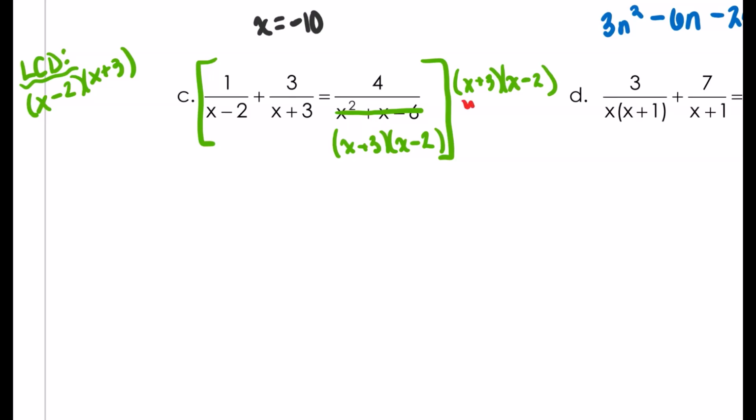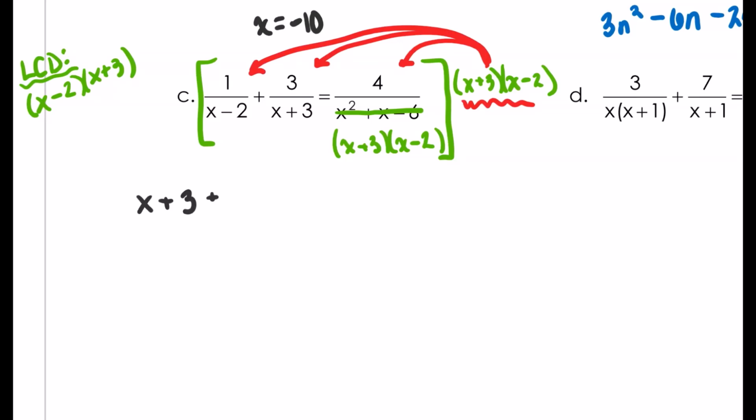So make sure that you understand you're taking these factors and you're multiplying by each term of the equation. So my first term, the x minus 2's divide out, so I'm left with x plus 3. And then on my second fraction here, the x plus 3's divide out, and I'm left with 3 times x minus 2.